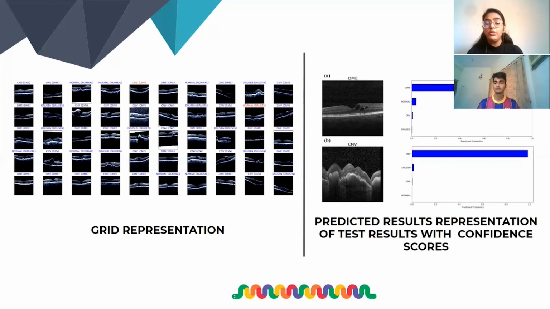And now moving on to the predicted result representation with confidence scores. This representation is very important when we talk about the implementation of this project from the clinical perspective. And how so?